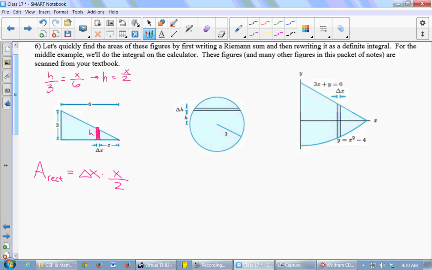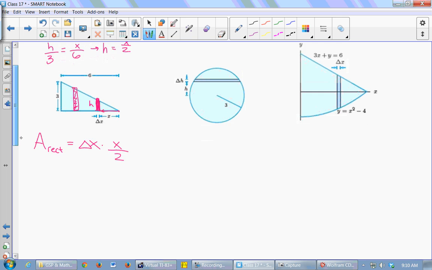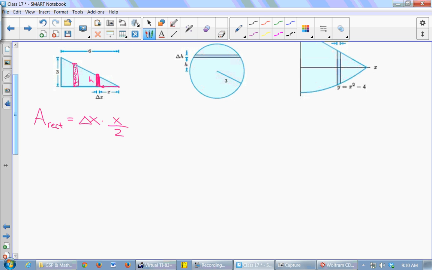And then every rectangle is going to have a width of delta x and a height of x over 2, because we're letting this x move, right? That's a variable. So I'm going to sum these all up. I'm going to take a sum of all these rectangles and add them up.